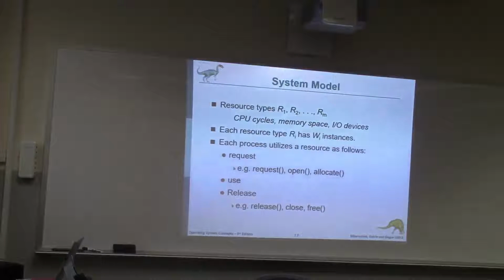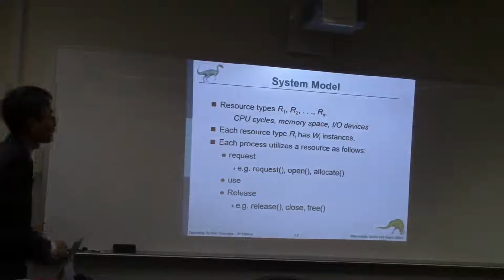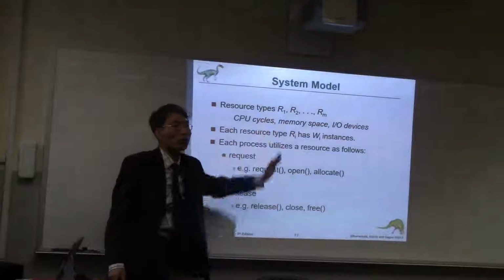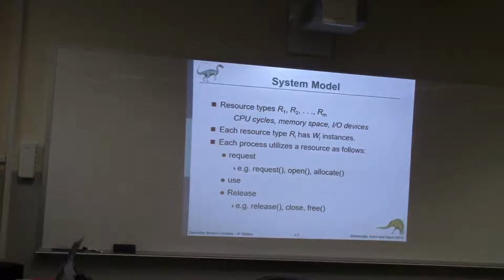To define such a deadlock situation formally, we are going to use the system model. In the system model, resources are represented by the capital letter R. So we have n different resources, R1 to Rn. For example, CPU cycles can be one resource, memory space can be another, and I/O devices are definitely one type of resource.